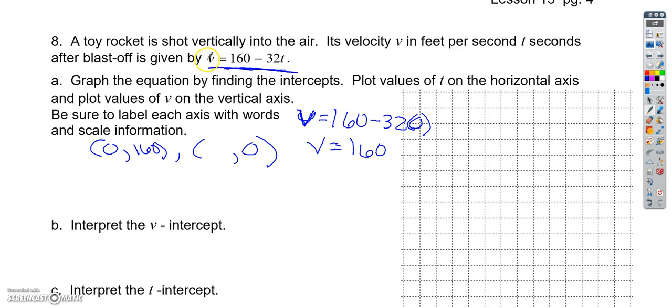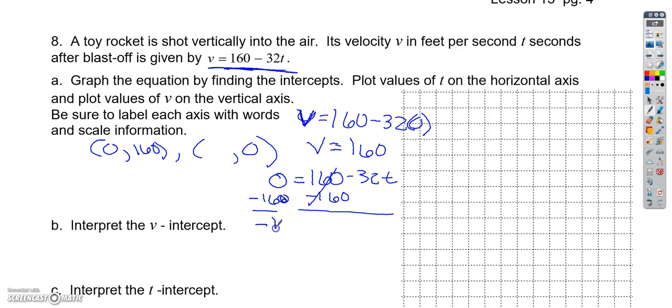Then I'm going to let v equal 0. So 0 equals 160 minus 32t. I have to subtract 160. Subtract 160.